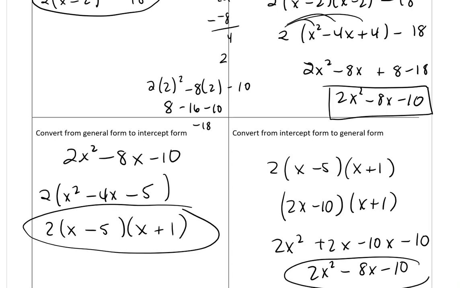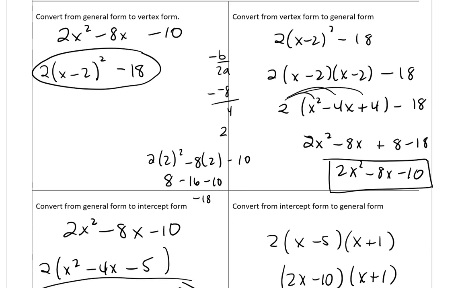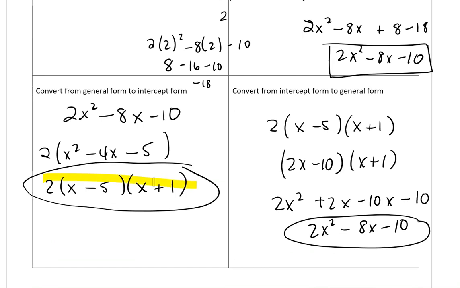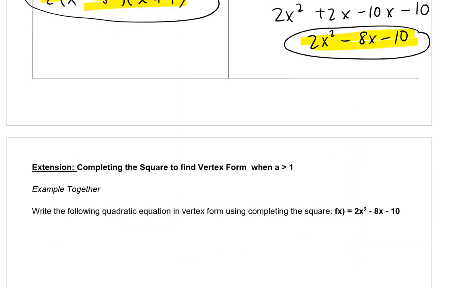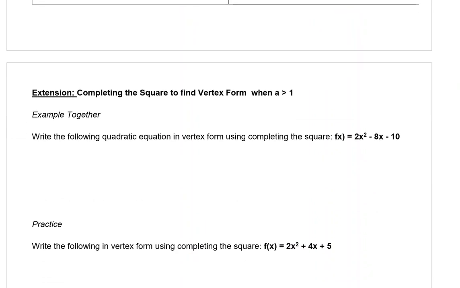So all this is really saying is that this version and this version are all equivalent forms of the exact same problem. And similarly, the graph of all of them are the same. Okay? So we're going to work through this example together.